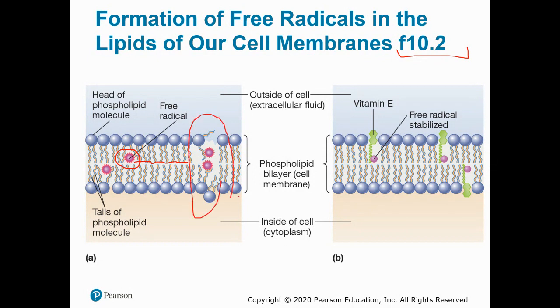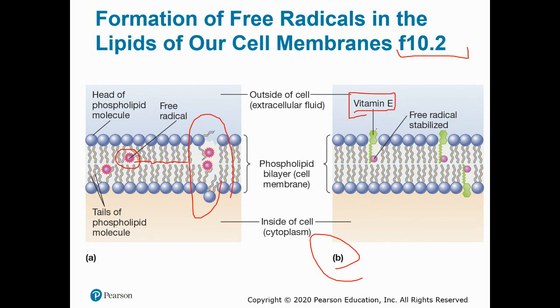So right here, you see where these phospholipids are now so damaged that they stop doing their job. They're no longer keeping this membrane intact. The integrity of this membrane is now challenged and defeated, basically.